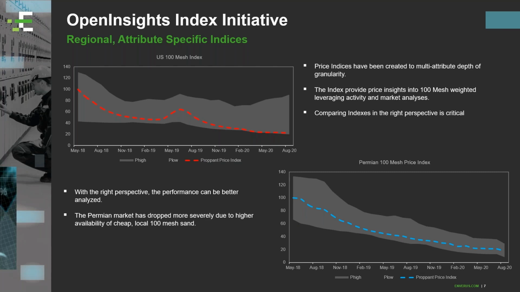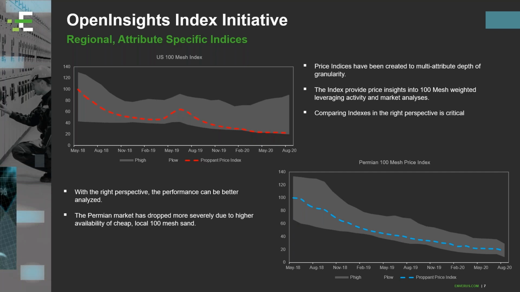We've put together indexes for individual mesh sizes for particular basins or specific individual chemicals, because a lot of these things are dependent on so many different variables, right? 100 mesh has a very different development and demand-supply life cycle as compared to 40/70 Northern White, right?